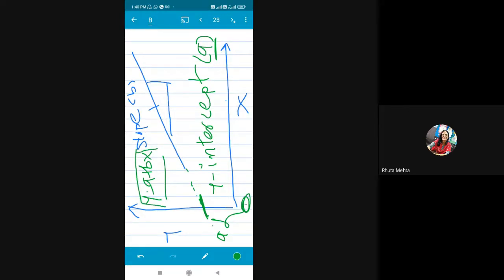Suppose x is 0, then bx is going to be 0. It means there is no slope. But A will be there. So A is going to be constant. Make sense, guys? Yes, ma'am.